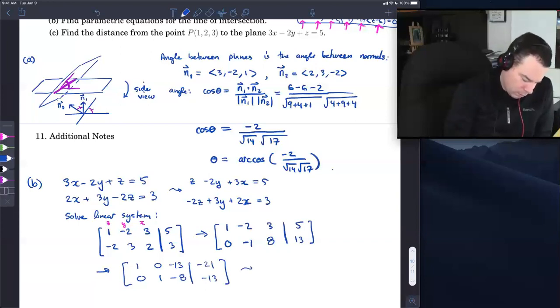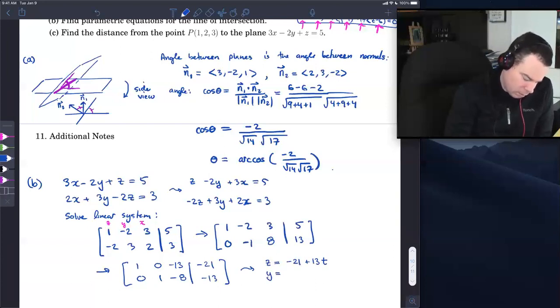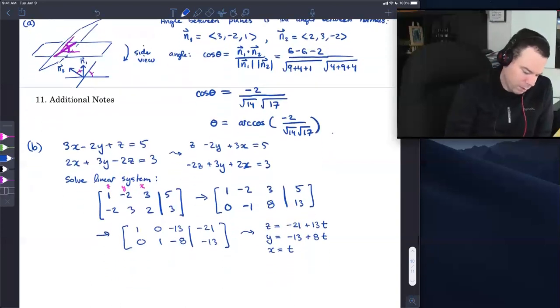And so at this point, we get that z is equal to -21 plus 13x, but x I'm going to take to be my parameter t. Y is equal to -13 plus 8 times the parameter t, and x is my parameter t, or my free variable.